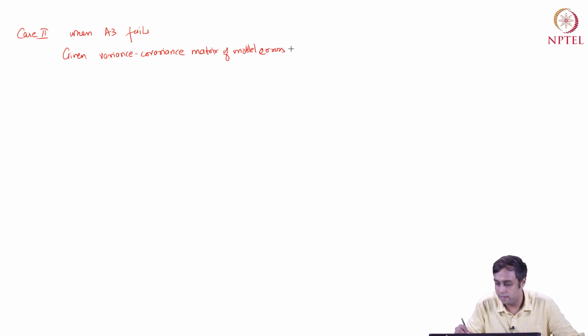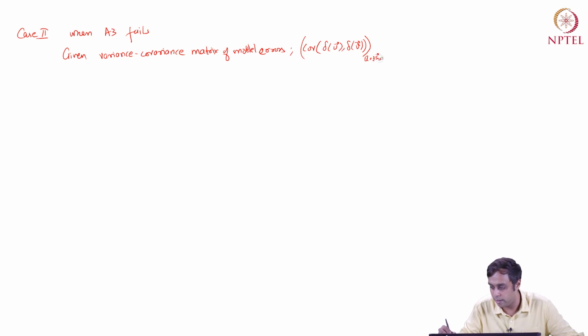That is to say, the covariance of delta u, delta v, let's say we evaluate it for all the locations, u being S1 till Sn and v being locations S1 till Sn.